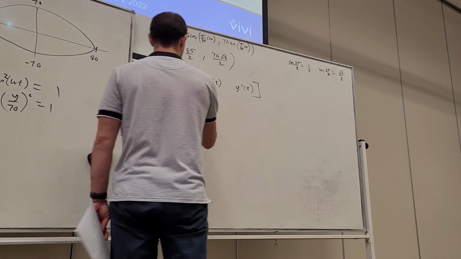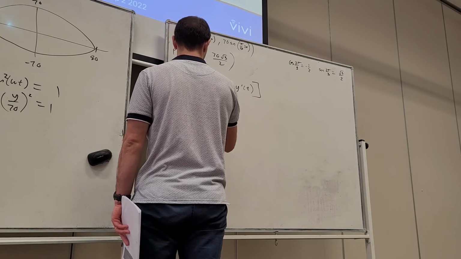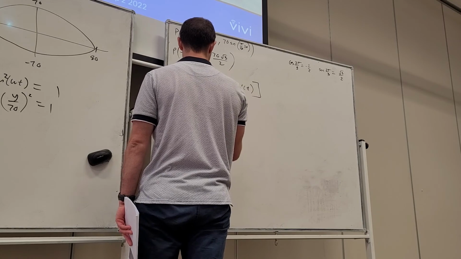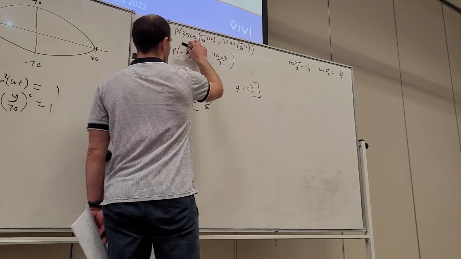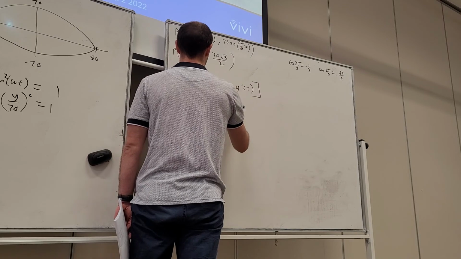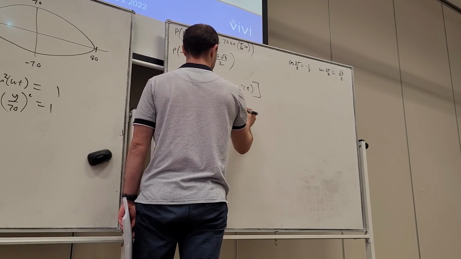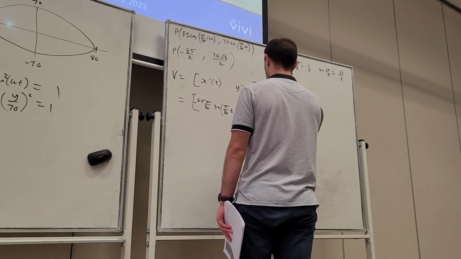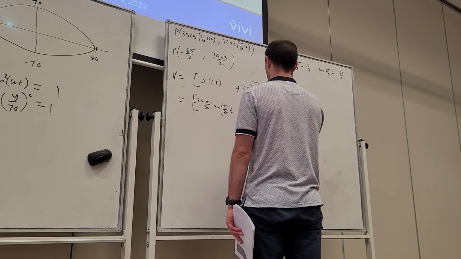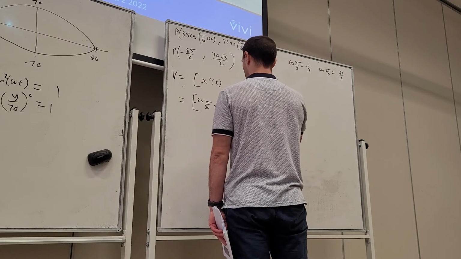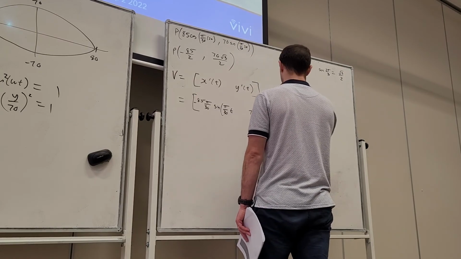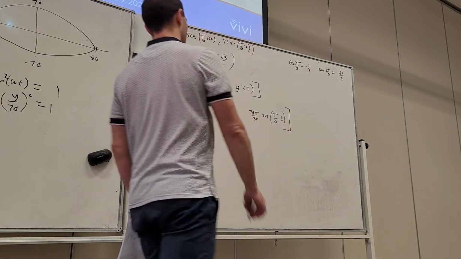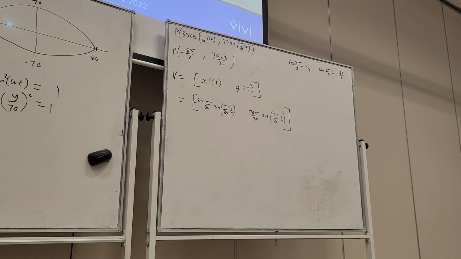So when we differentiate it, we're going to get minus 85 pi on 30 sine of pi on 30 t, and 70 pi on 30 cos of pi on 30 t. So that'll be the velocity vector.